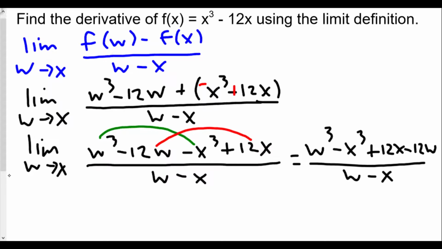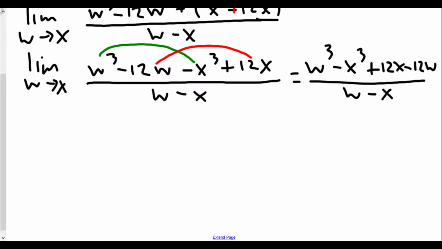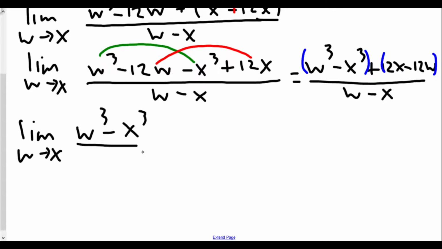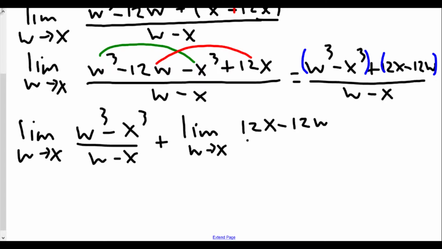Okay, and then we'll do a little grouping here. So this and this here, and you can rewrite this as two limits. The limit as w approaches x of w cubed minus x cubed over w minus x, plus the limit as w approaches x of 12x minus 12w over w minus x.